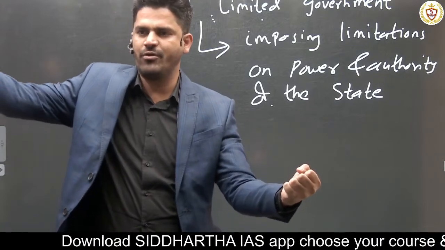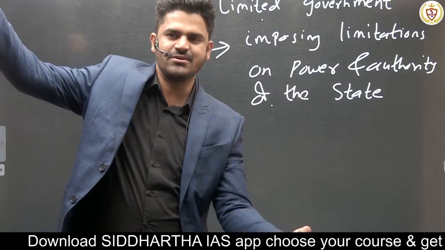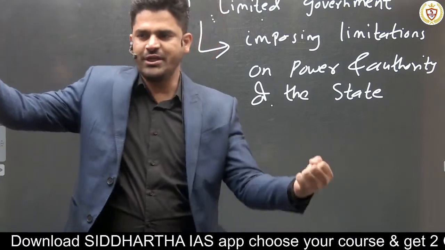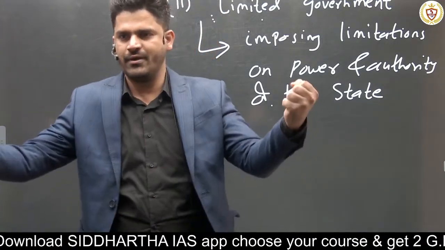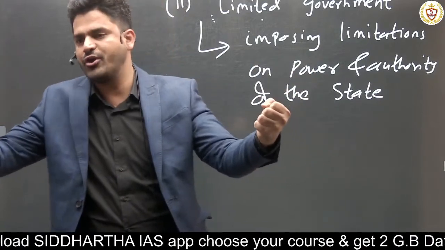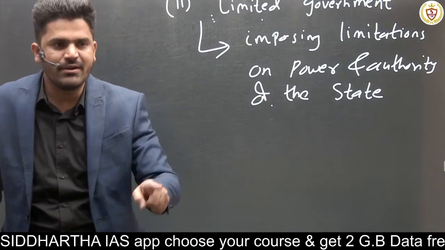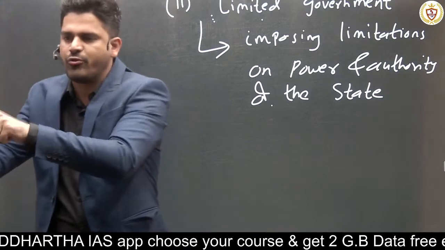If the power and authority of the state increases, the rights and liberties of the individuals decrease. So there is a negative relationship between the rights of the individuals and the power and authority of the state. Why? Because fundamental rights seek to limit the power and authority of the state.